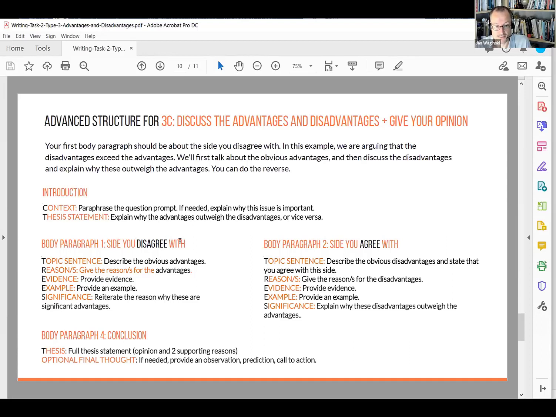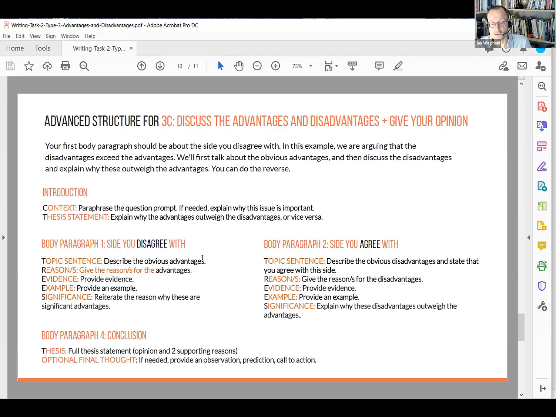So this is the side I disagree with, but I'm going to talk about the advantages of part-time jobs for kids, what most people think. I'm going to talk about how it teaches kids responsibility, how it teaches them about the real world, how to balance a checkbook, for example.